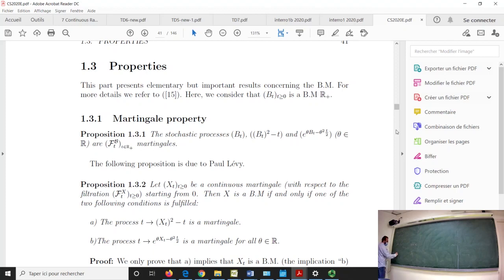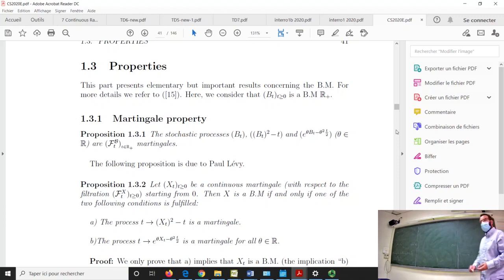With respect to what? I need a filtration: martingales with respect to the Brownian filtration F_t^B. It is a little exercise concerning martingales, and I will finish with this today, proving this is true.